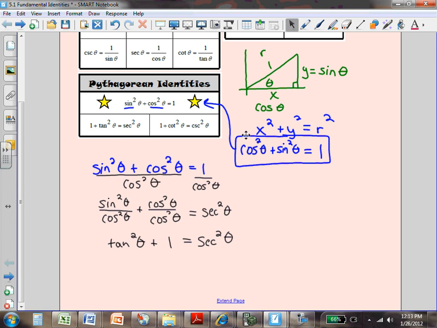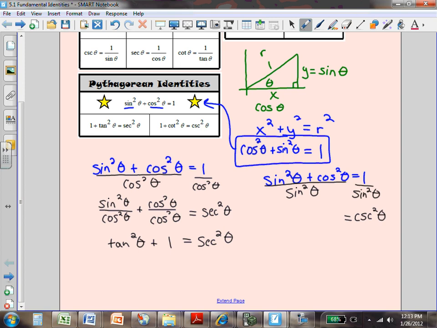Now if I start with that basic Pythagorean identity we had before, which is that sine squared theta plus cosine squared theta equals 1, this time I'm not going to divide by the cosine squared, I'm going to divide by sine squared. That gives me on the right-hand side 1 over sine squared, which is cosecant squared theta.